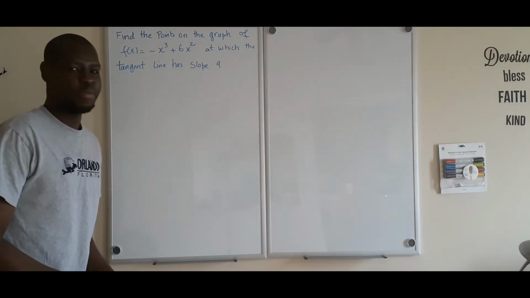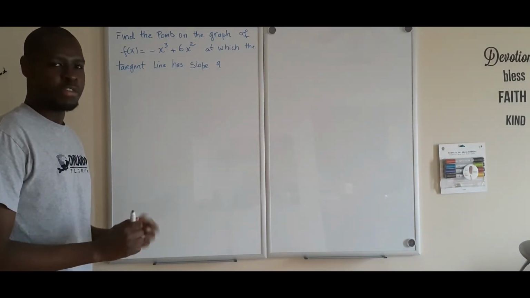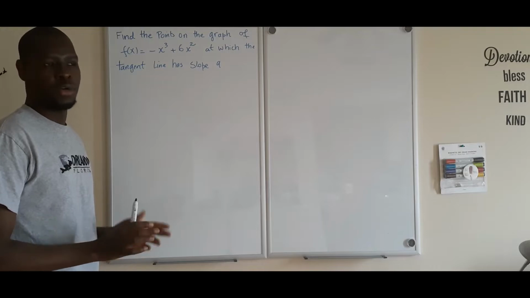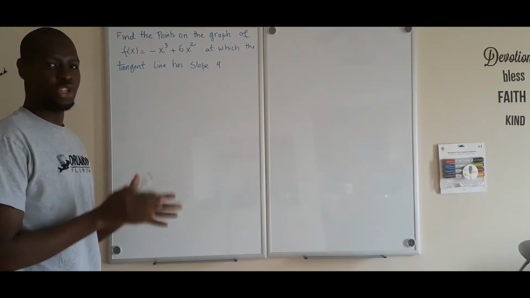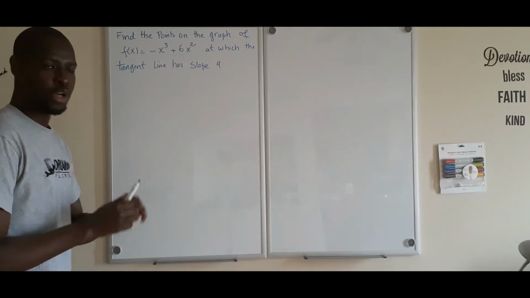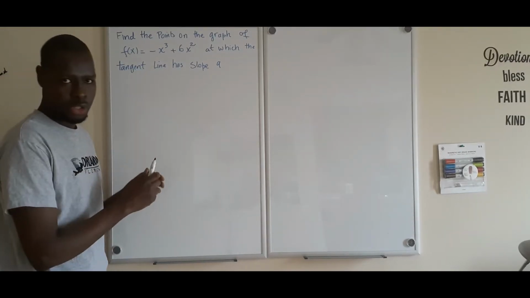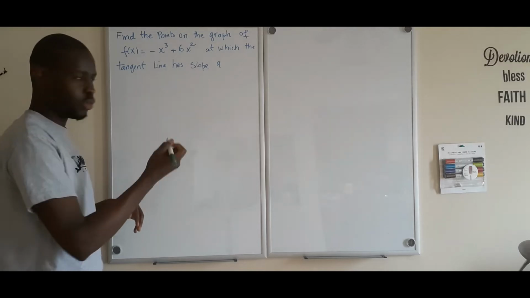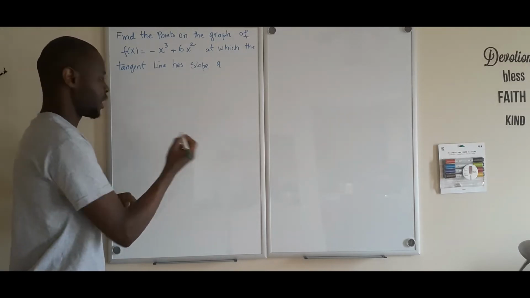Hello again and welcome. If you remember from the previous videos, I talked about the definition of a derivative being the slope of the tangent line on a graph, where you are usually given one point on the graph and asked to evaluate the slope of that tangent line, right?